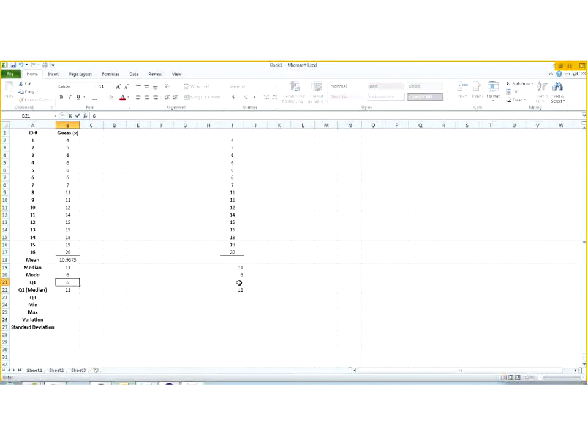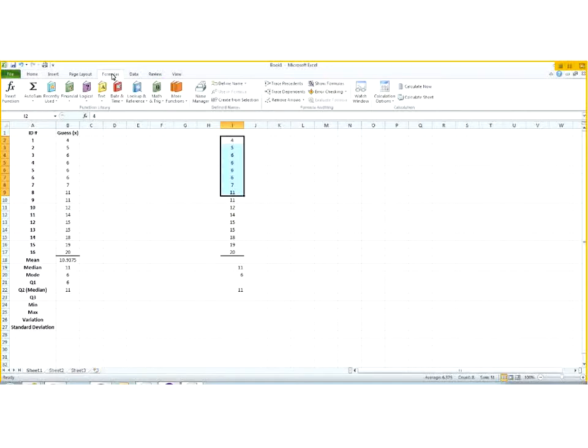But I can also then go over to my numbers and use my button. So I'm going to click on the smallest number. I'm going to click on the last number that I want for that half of the numbers. I'm going to go to my formula. Oops, I forgot to click on here. Okay. So I want to go from here to there just so you can see that.